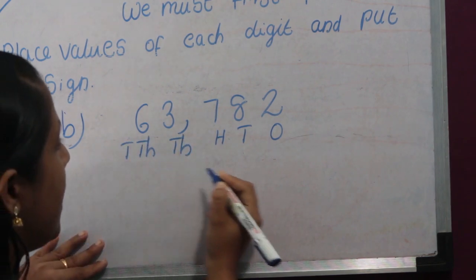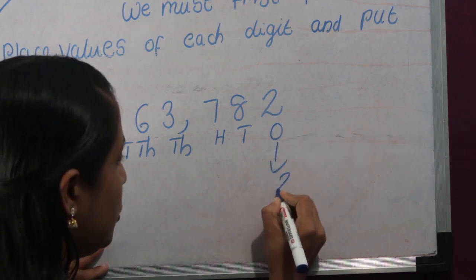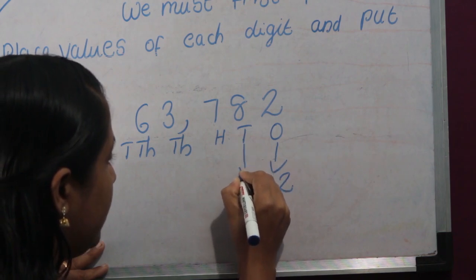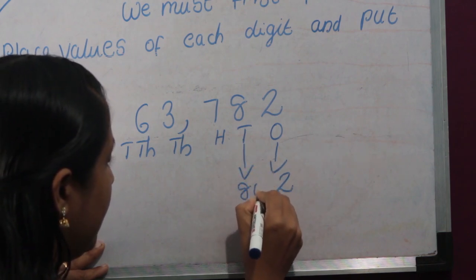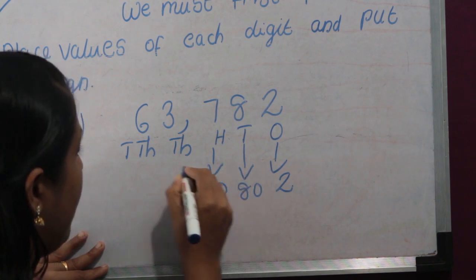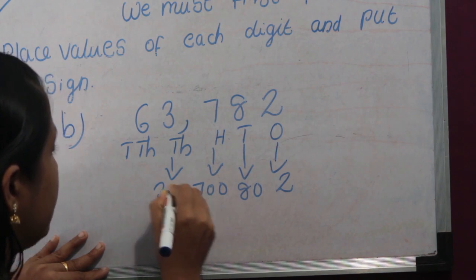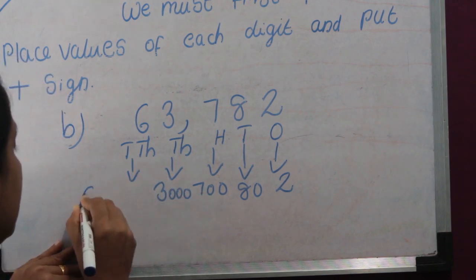Next we write the place values of each digit. The place value of the digit 2 is 2. The place value of the digit 8 is 80. The place value of the digit 7 is 700. The place value of the digit 3 is 3000. The place value of the digit 6 is 60,000.